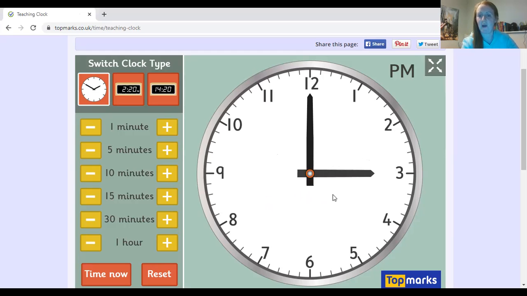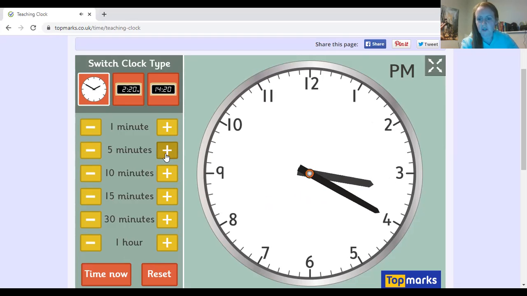And if you can see, my hour hand has actually moved from the 2 o'clock to the 3 o'clock because it's gone 1 full hour round.